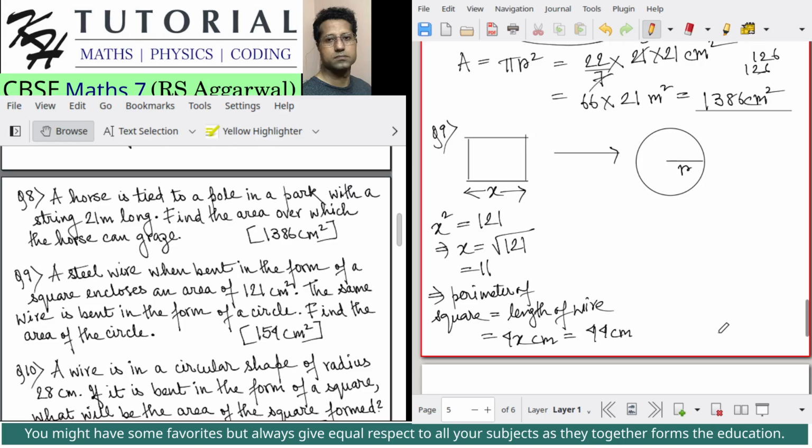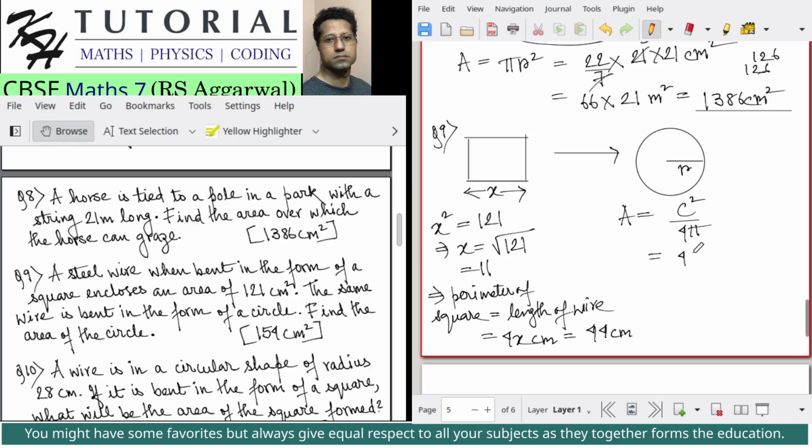So the length of the wire is equal to 44 centimeter. Now this length of the wire will also be the circumference of the circle. So now we have to find the area of the circle. We know the circumference of the circle, so we now need to find the area. We know that the area of a circle in terms of circumference is c square by 4 pi, and the circumference of the circle will be equal to the perimeter of the square or the length of the wire, which is 44 centimeter.